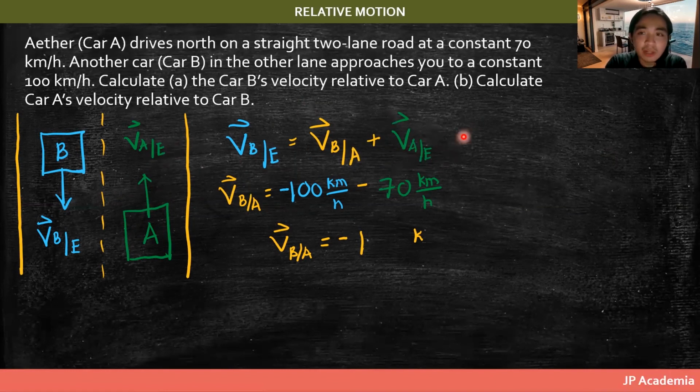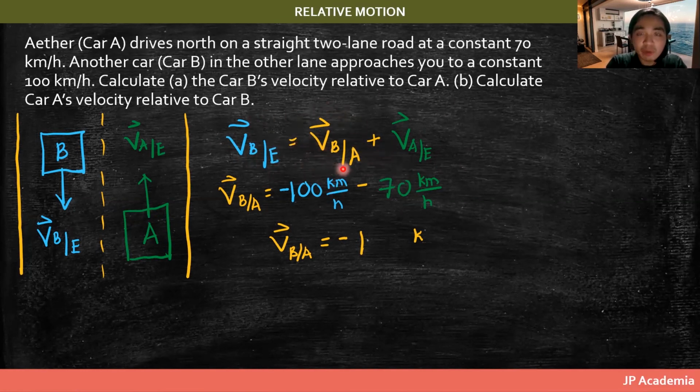Okay, so sir, paano nangyari to? So nangyari to, tingnan mo yung fraction. Mas madali sigurong malaman to based sa fraction na to. Makikita natin, this is B over A, this is A over E. So kung i-multiply mo to, isipin mo para magka-cancel lang yung A dito. So you will have your B over E, or the velocity of car B relative to the Earth, and therefore you will have this expression.